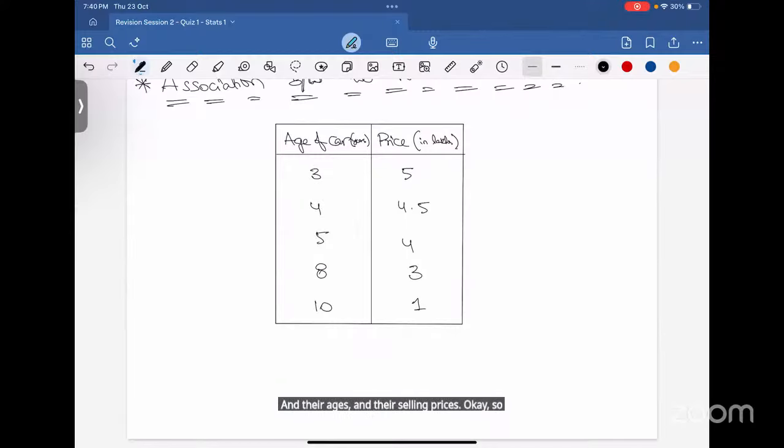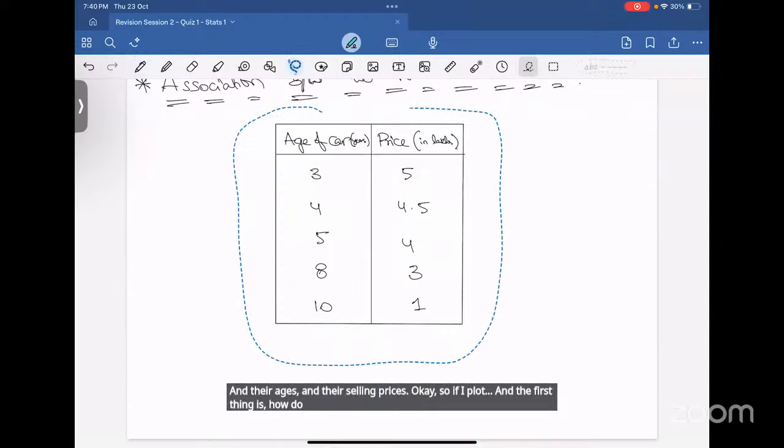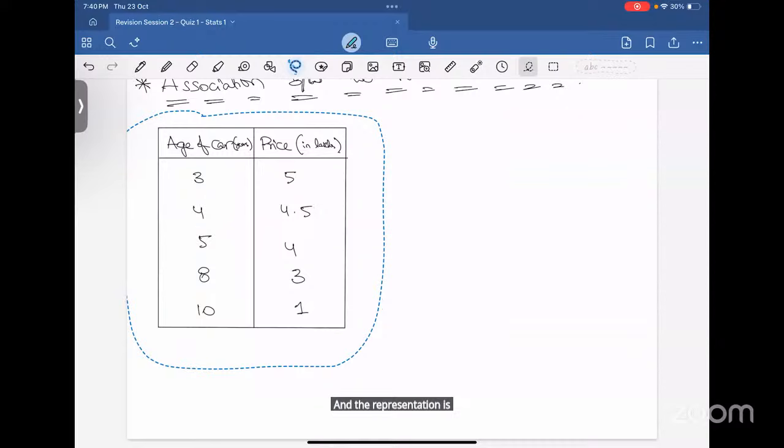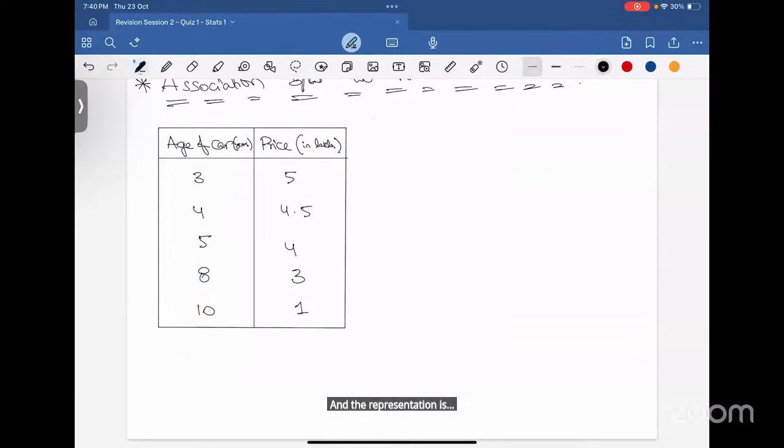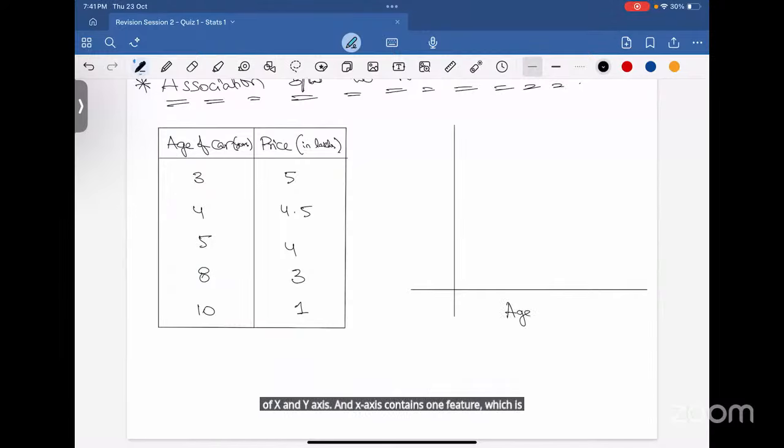So if I plot, the first thing is how do I represent this? The representation is we can use the scatter plot. Scatter plots have x and y axes, and the x axis contains one feature, which is age of car or price.